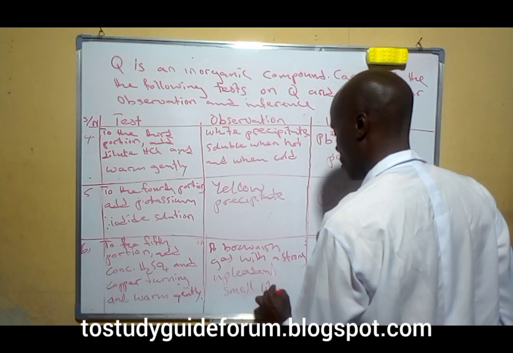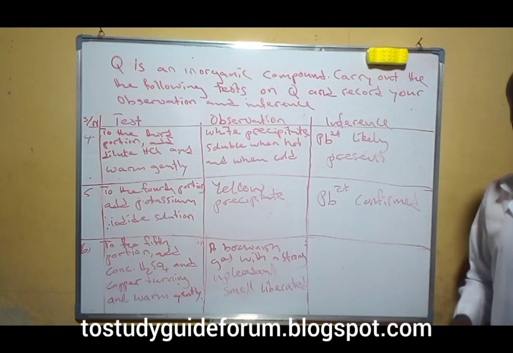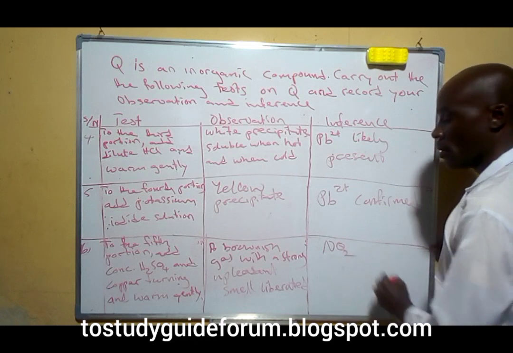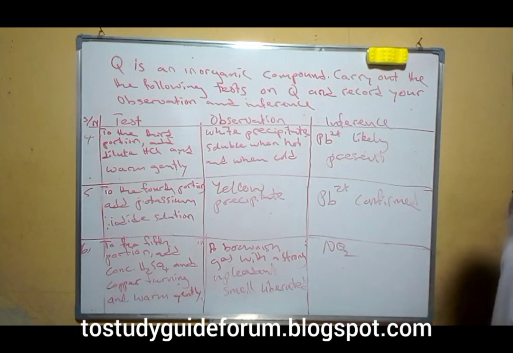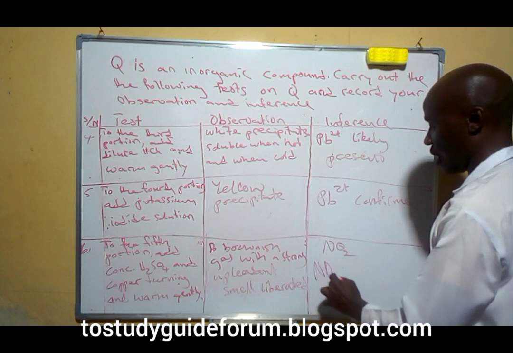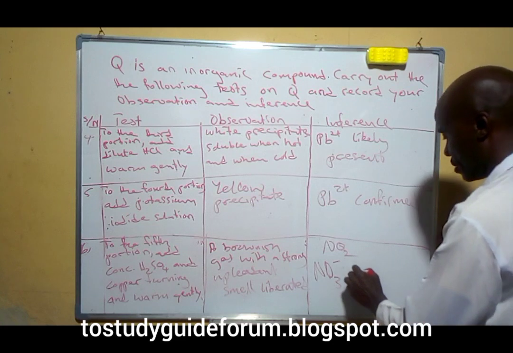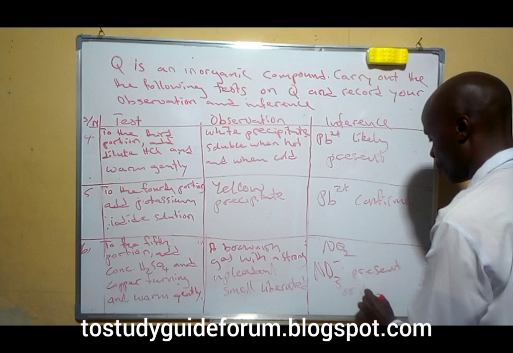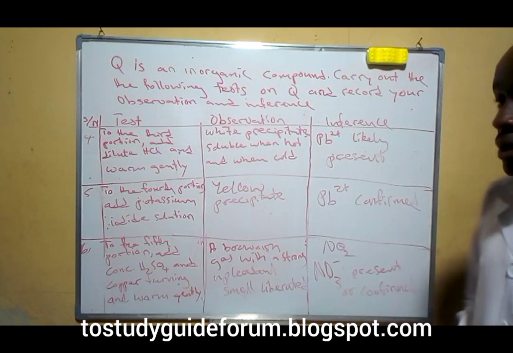This brownish gas is nitrogen(IV) oxide. Since there's nothing else that can give us nitrogen(IV) oxide except nitrates, it means nitrate(V) ion is present, also confirmed.